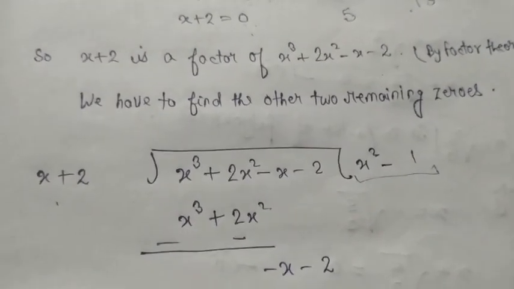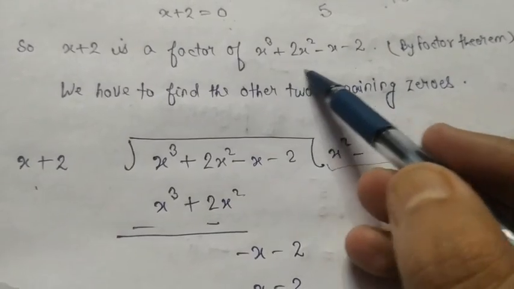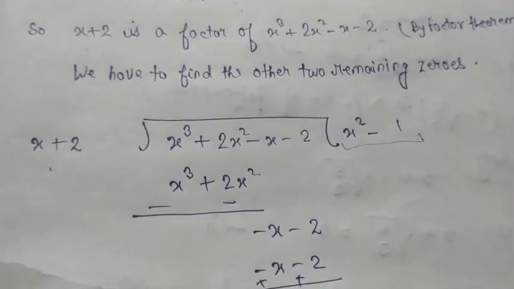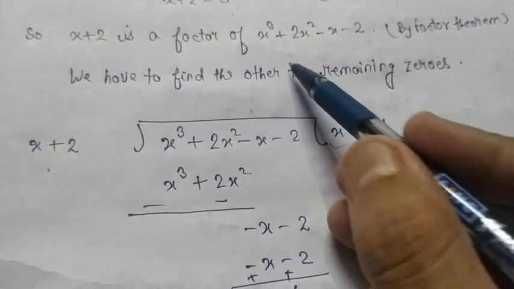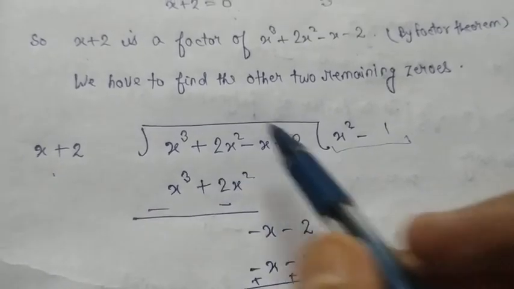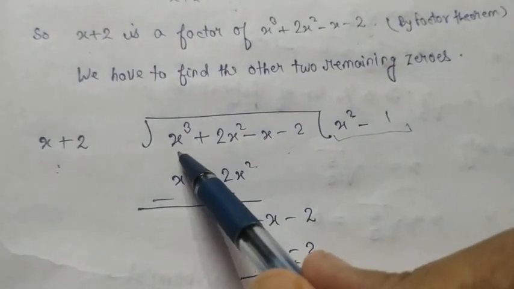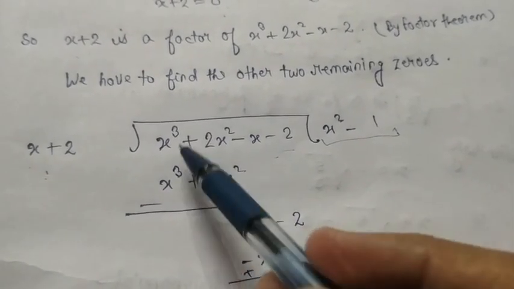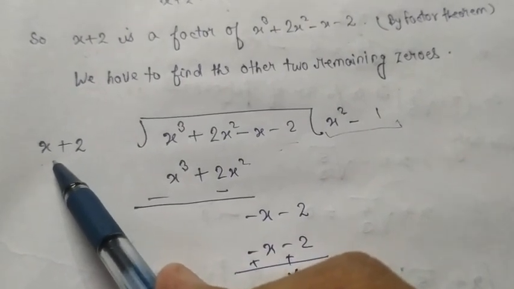So for getting the other two zeros, we will divide this polynomial by x plus 2. So let us divide. This expression will be our dividend and this will be our divisor. Now when this is divided by this, see, here is x cube and here is x, but I want x cube now.